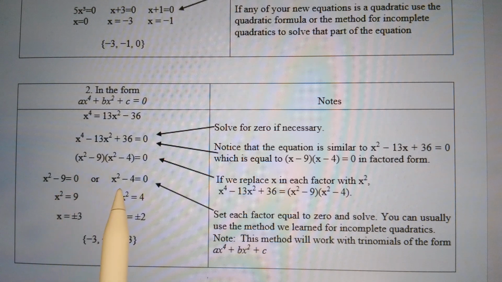Then we can set each factor equal to 0 and solve accordingly. In this case, getting x squared by itself and then taking the square root of each side. So this method would work with trinomials of the form ax to the fourth plus bx squared plus c.